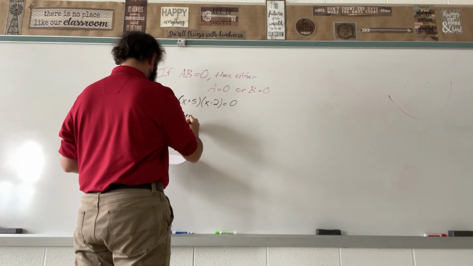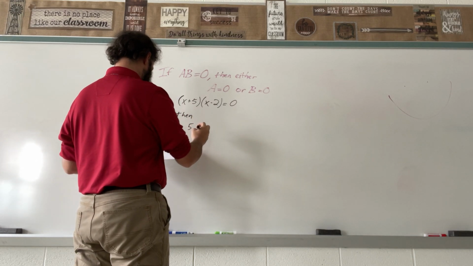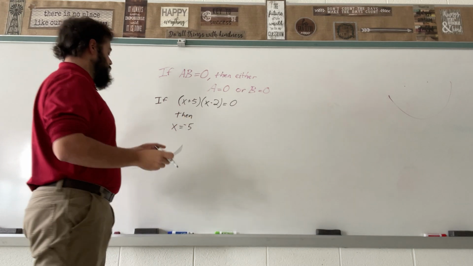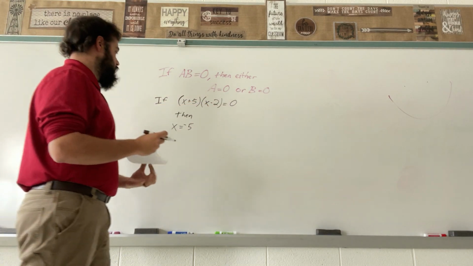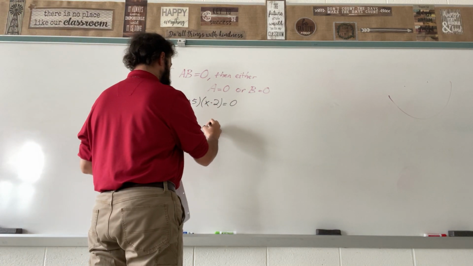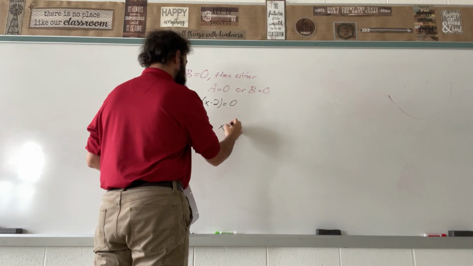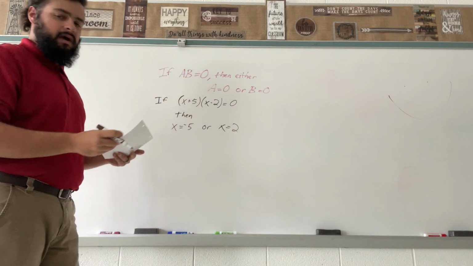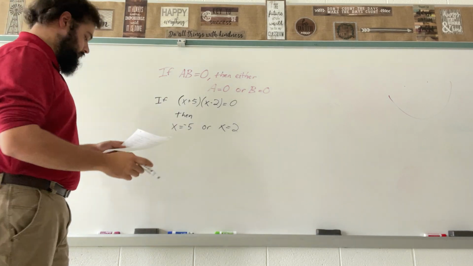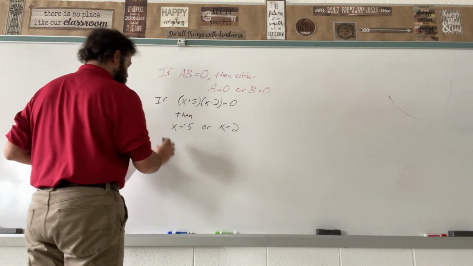X is either equal to negative 5, because negative 5 plus 5 would be 0, or x would equal 2 because 2 minus 2 is 0. So that's an example of the zero product property. Let's try another example.